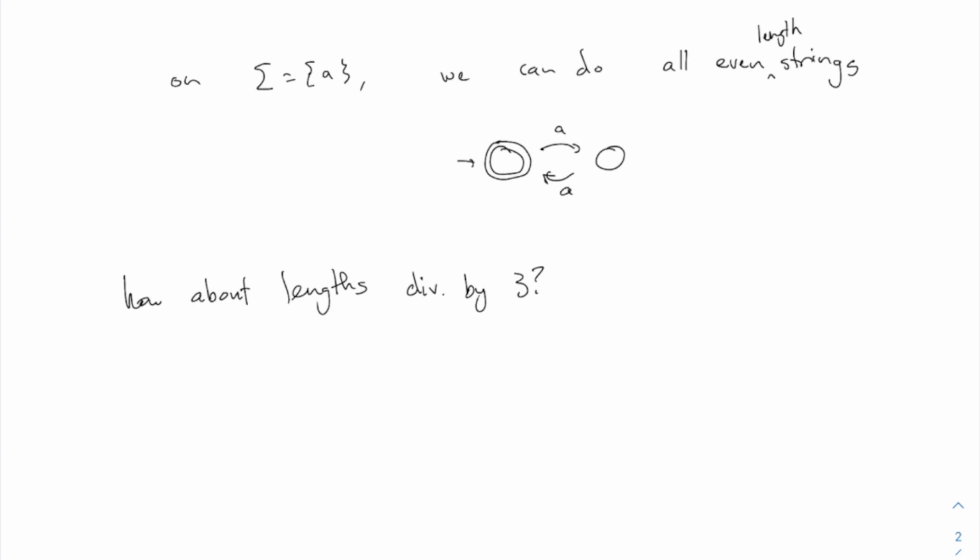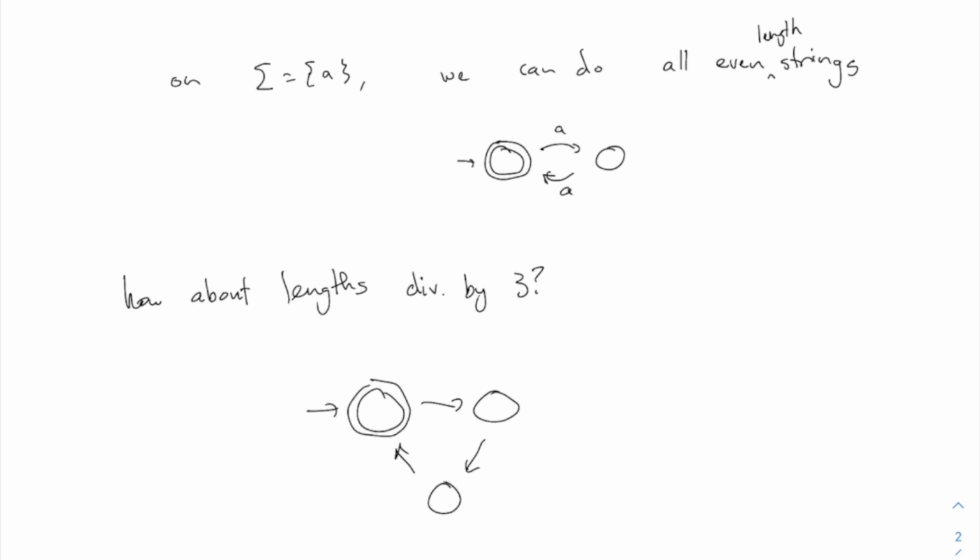Anybody feel like you can change this diagram a little bit? Yeah? Can you just add a third circle? Yeah. Add a third state so that it goes in a triangle or something, like this. And I'm going to make this accepting.